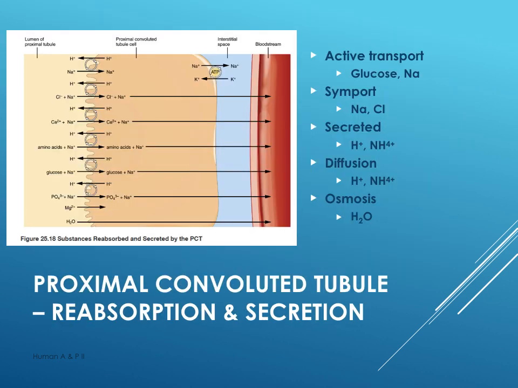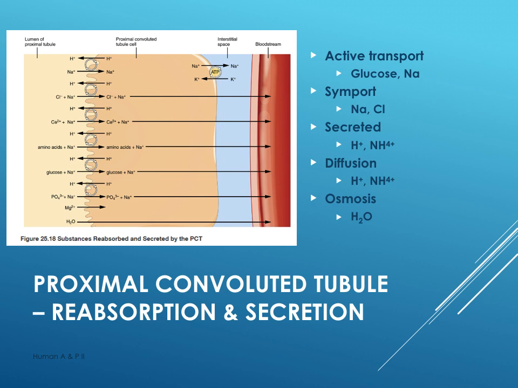Well, that's a question. In most cases, there are specific proteins in the walls of the cells lining the proximal convoluted tubules. And so you see here on the left side, it shows these little transporters. Some of these are active transport, where we use a molecule of ATP to bring something back.